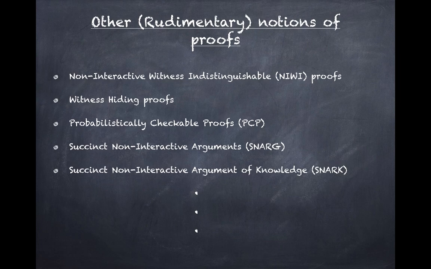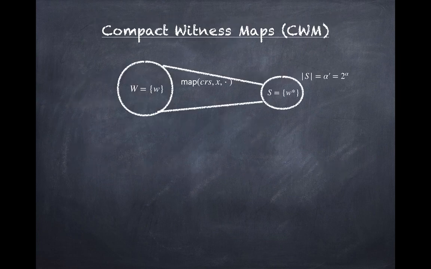So against this backdrop of advances in proof systems, we propose the notion of a compact witness map as our first notion of a witness map. A compact witness map gives us a way to map a set of witnesses corresponding to some statement X to a much smaller set of representative witnesses, denoted as capital S here.